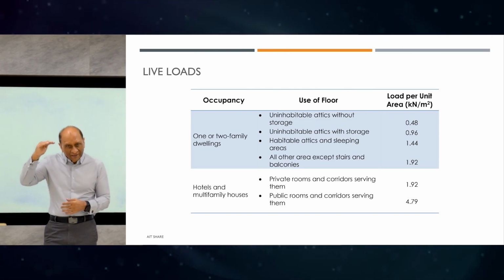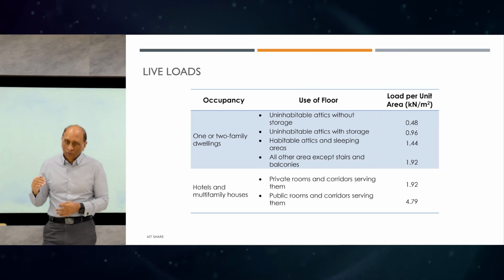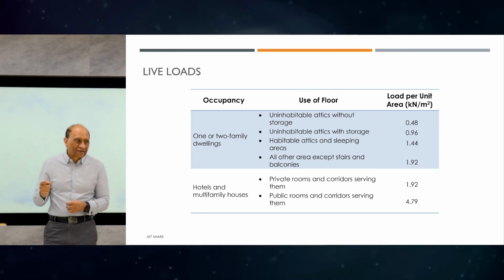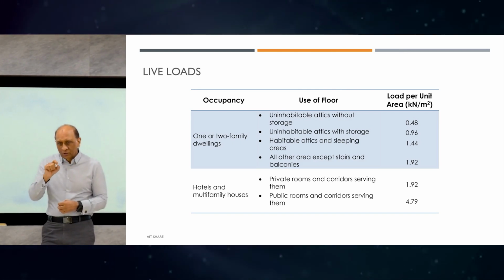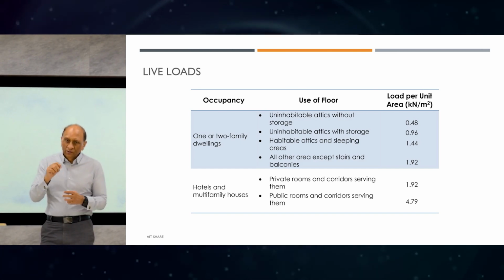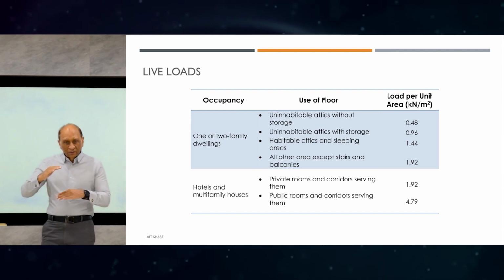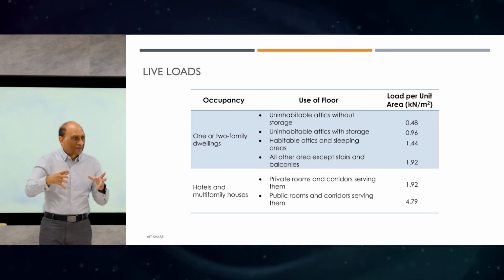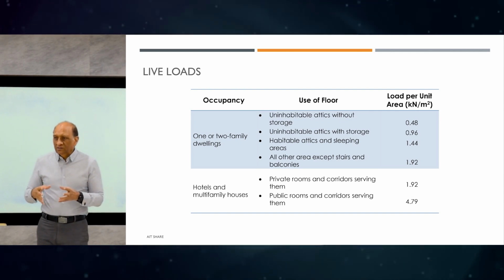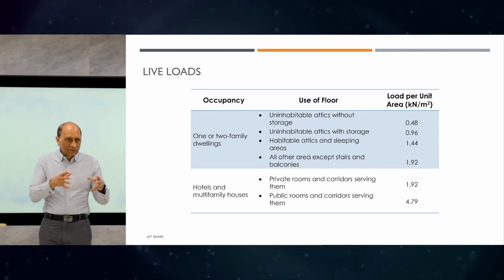So there is a live load reduction factor, which is included in the calculation in the codes. And once again, when we do the design criteria class, we will look into that. Every building code has its own way to calculate the live load reduction factor. So for tall buildings, live load reduction needs to be included. Depending on number of floors, area and other factors, they ask you to reduce the live load for certain parts, for certain designs.